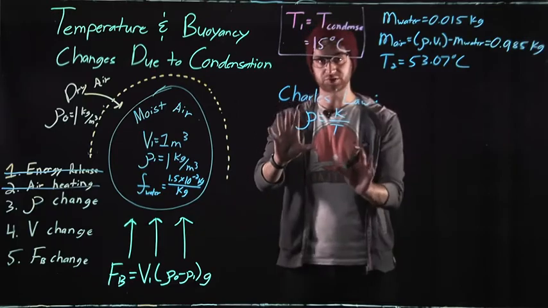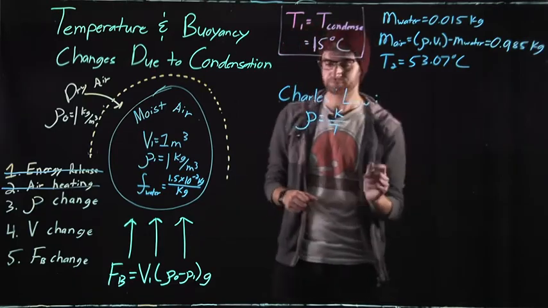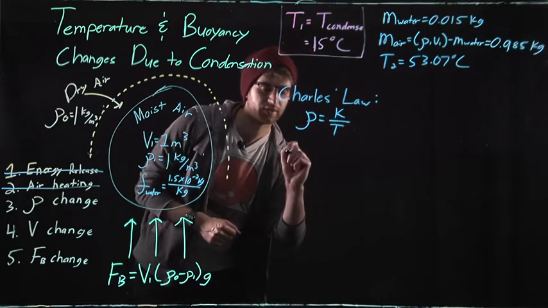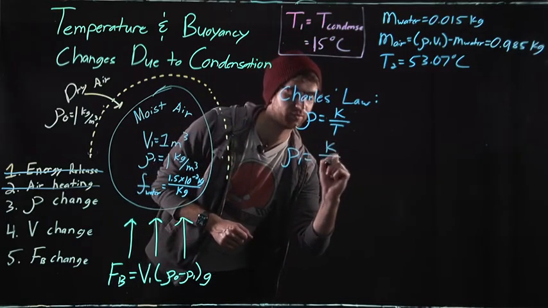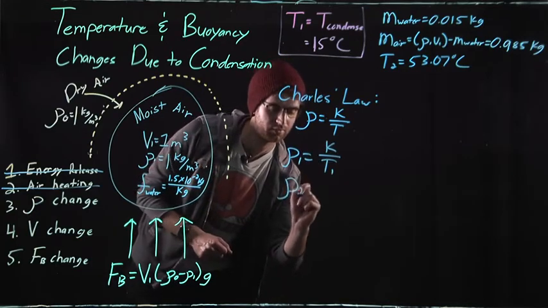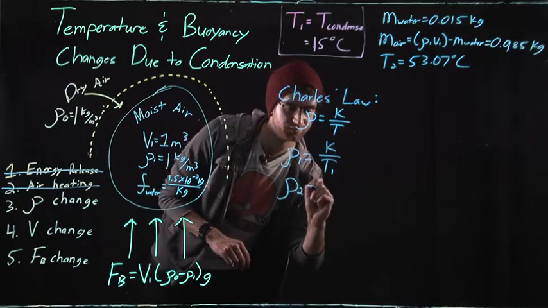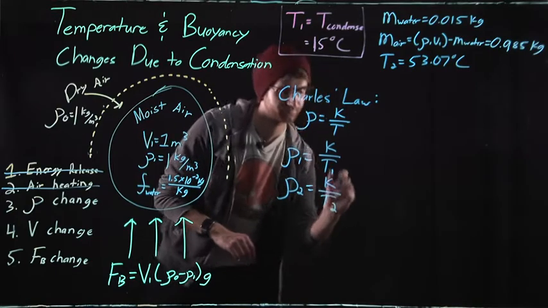So there's an inverse relationship between density and temperature in this simple model. So we can say that rho 1 must be K over T1, and rho 2, the new density, must be equal to K over T2.